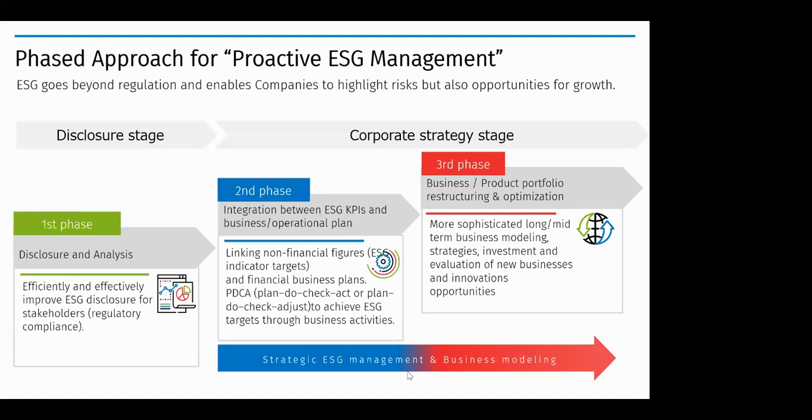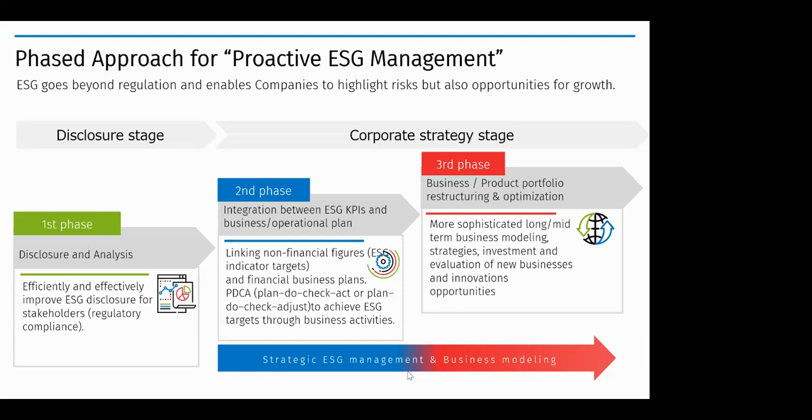And with ESG reporting, you've got so much data you're capturing from not only a financial perspective, which companies are used to doing, but you're also capturing operational data, HR data, waste data, lots of other information that you never used to have before. And that can help an organization with its strategic decisions.